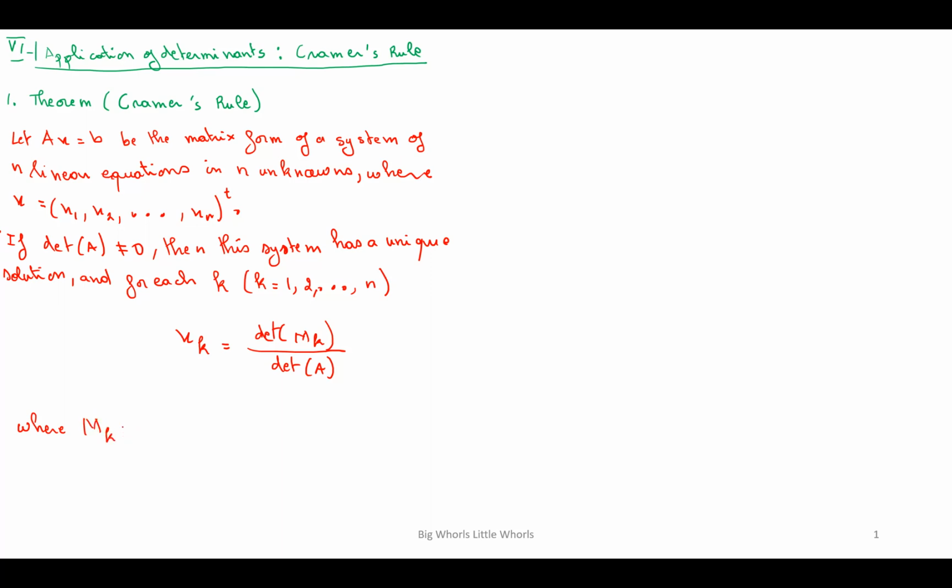Mk is the n by n matrix obtained from A by replacing column k of A by b.